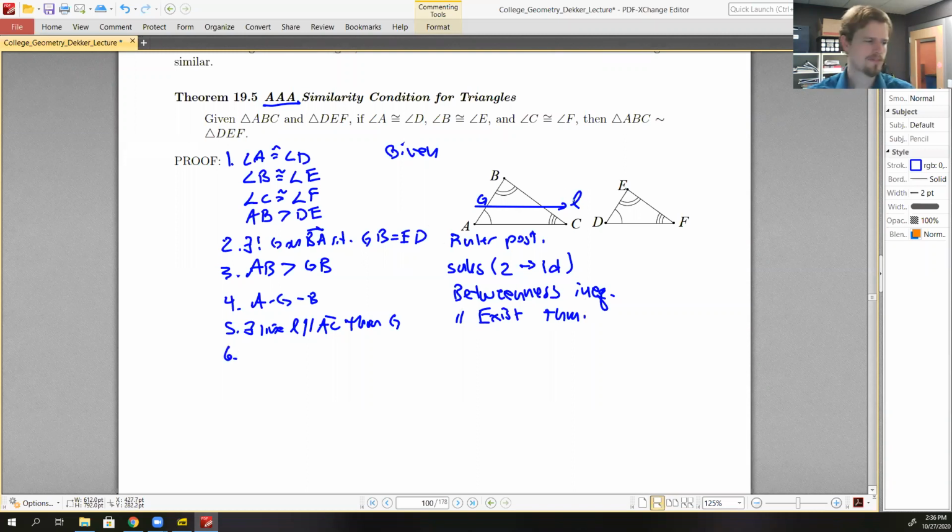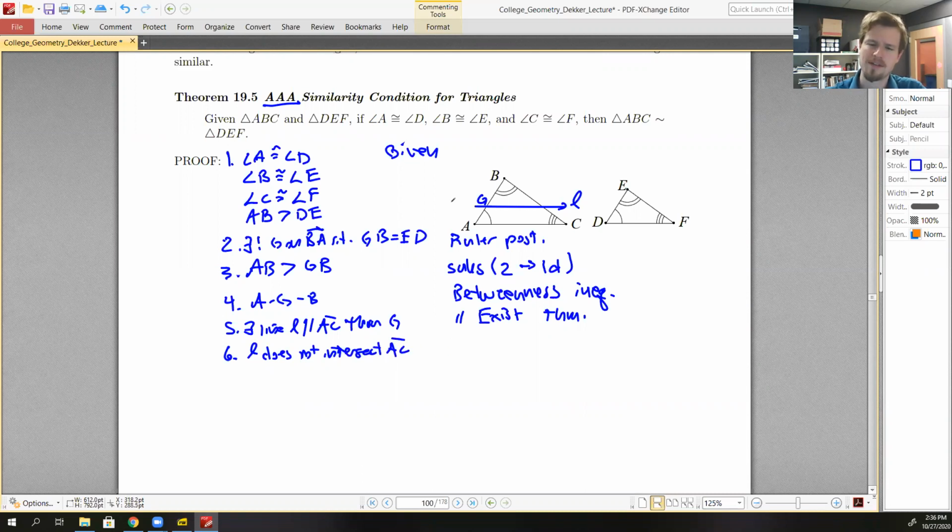All right, once we have that, we can take a look at where L intersects BC, but we want to be very clear as to why this line intersects BC, and it's because it does not intersect AC and Pasch's axiom, which I believe is actually a theorem. So L does not intersect AC.